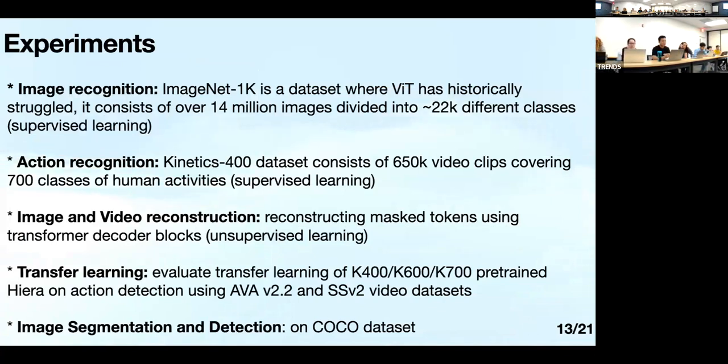So they did a lot of different experiments with this model. Some of them were image recognition and action recognition on some different data sets. So they wanted to do some experiments on video and images.